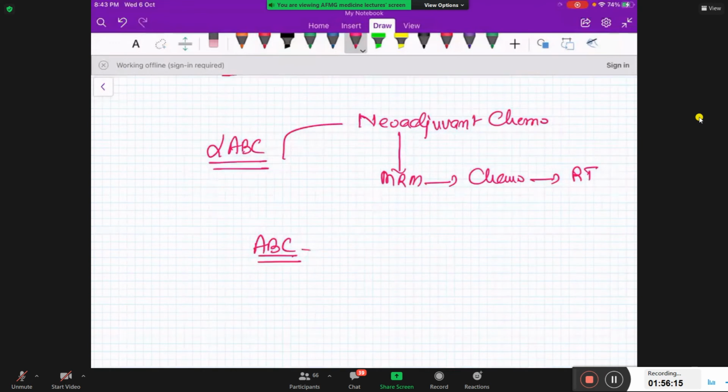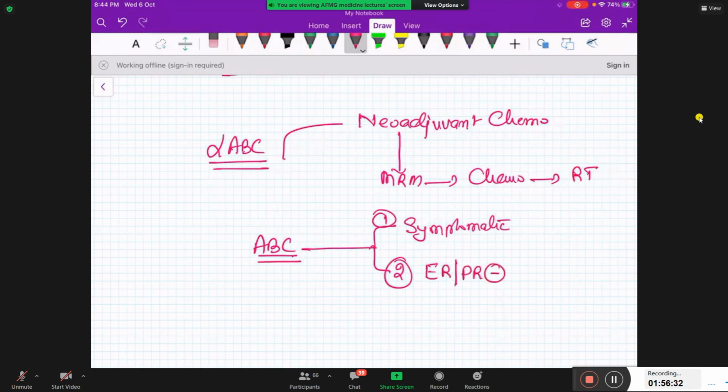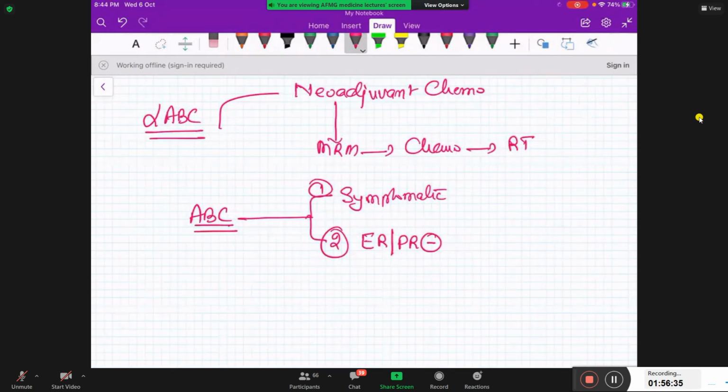The treatment is, please understand this: once the patient is symptomatic, or the patient is ER, PR negative, you will just give chemotherapy.